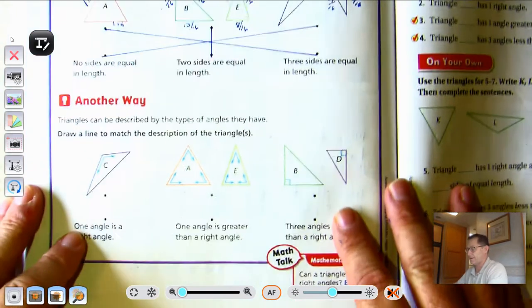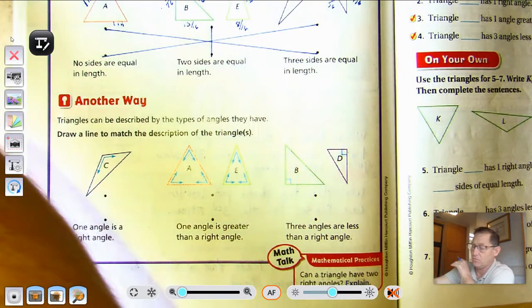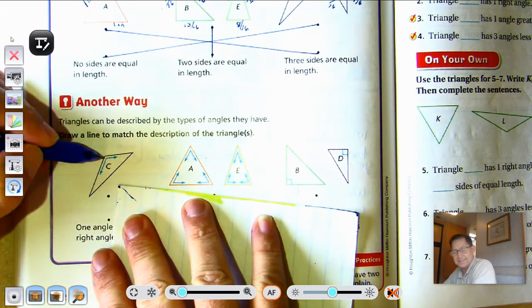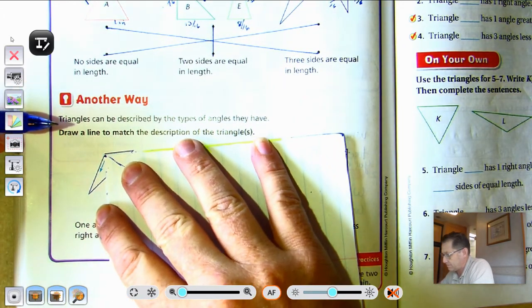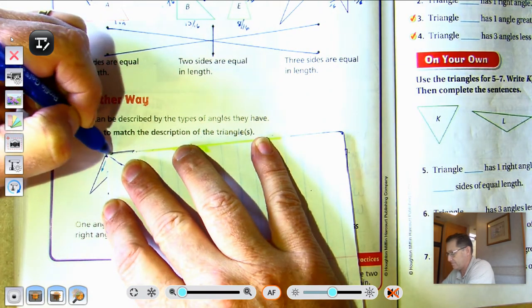All right. We can also describe them by their angles. All right, so let's look at just this angle here. If I put the tool that we've been using to measure, I see the line segment lined up with the edge of my paper.